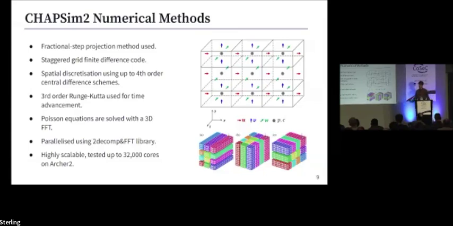We advance our solution forward in time using third-order Runge-Kutta, and we solve our Poisson equations with a three-dimensional fast Fourier transform. Yeah, and then we parallelize the simulation using 2D decomp and FFT, using pencil decomposition, which is this bottom figure here.